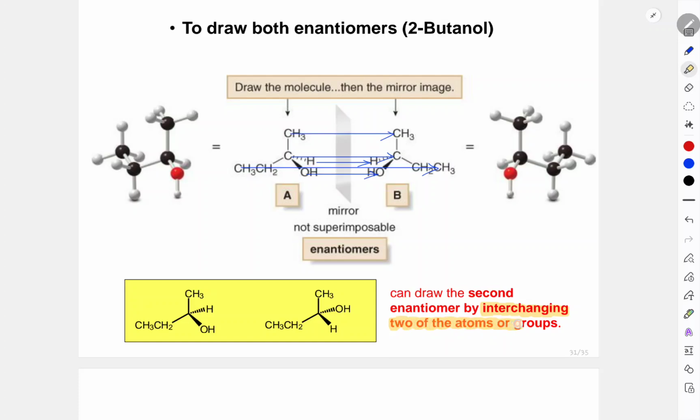This will give you this, and this will formulate the enantiomer from the left. So that's a simple trick you can think of. Otherwise you're going to need to draw a mirror in the middle and draw literally the mirror image to A. You can do that for sure, but you can also do the bottom one, just exchanging two, right? Then that will formulate the second enantiomer.